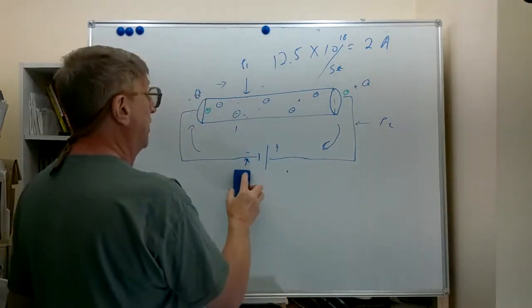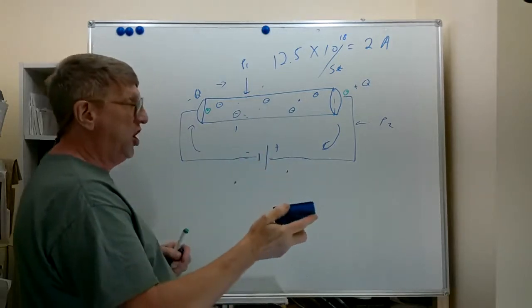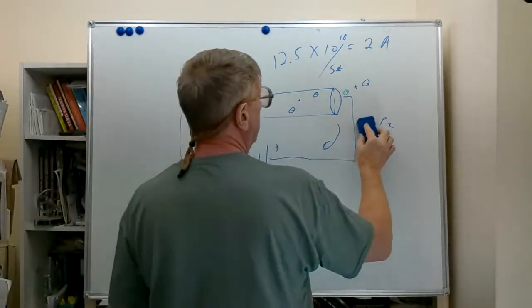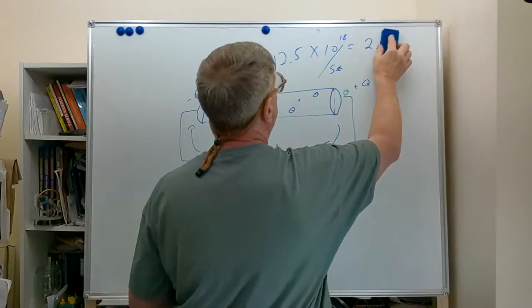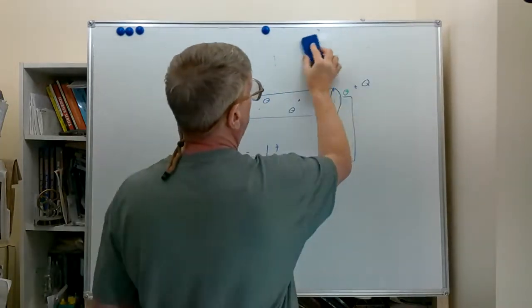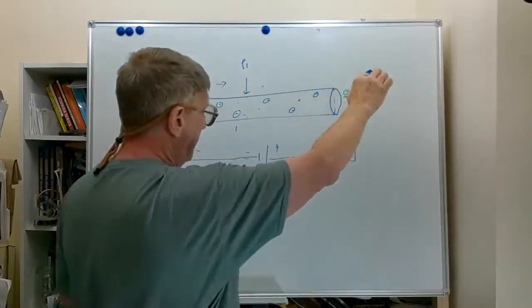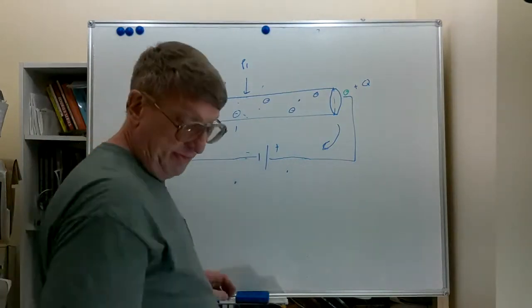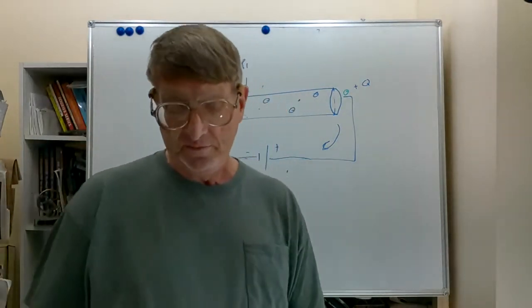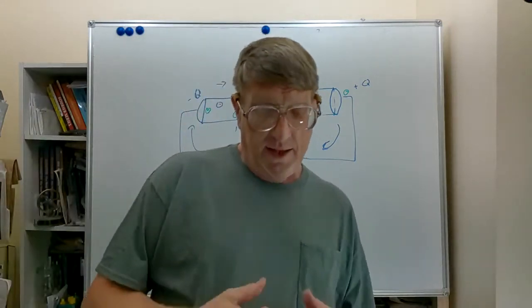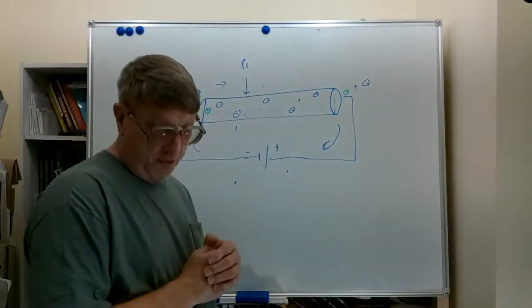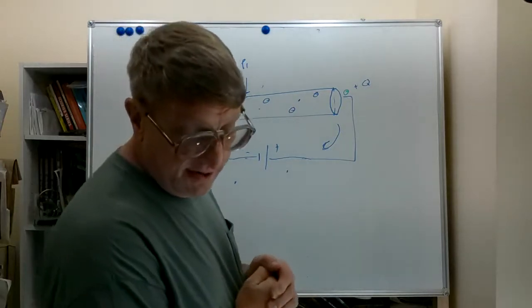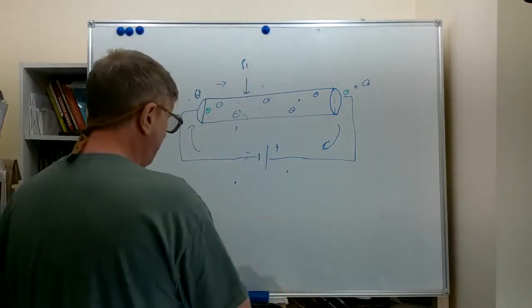So we've talked about 2 things: how much charge in a given amount of time equals an ampere. We've also discussed the fact that the current in this loop is the same everywhere. Now let's talk a little bit about the difference between current and charge.